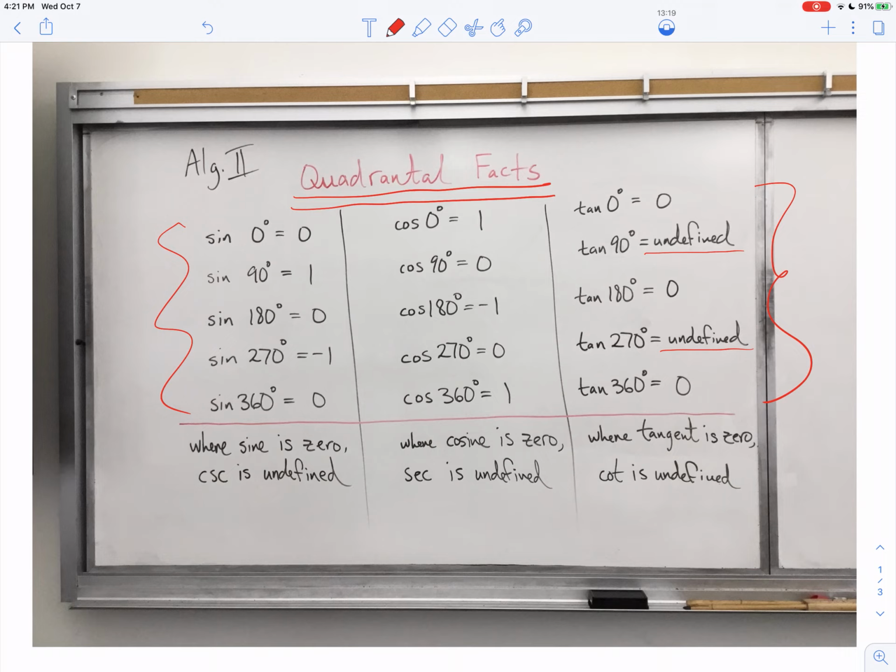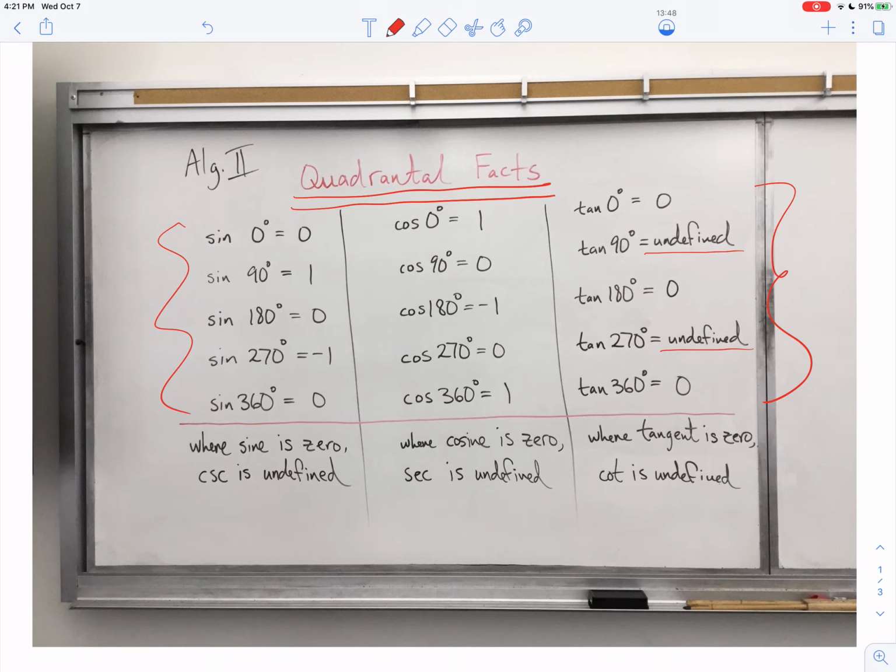Now, you don't have to worry so much about that. We're going to be expanding on that concept, just for the time being. What I want you to realize is there can be some asymptotes for some of these graphs, and wherever there are asymptotes, you will find undefined answers.